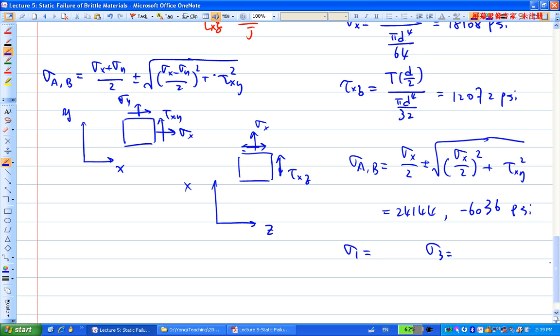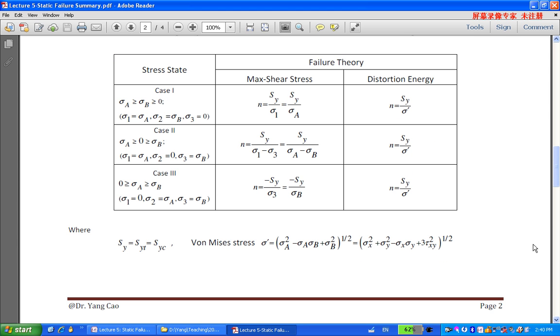Take a look at the second page. There's a table over here. Those are cases, and those are how you determine sigma 1 and sigma 3. So tell me which case we're dealing with.